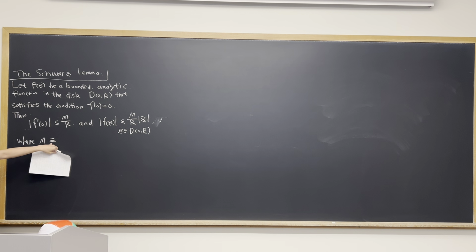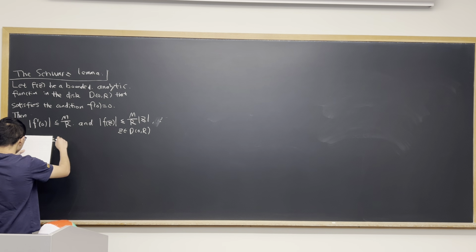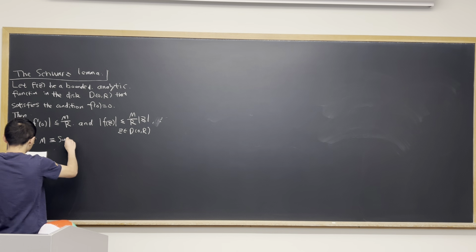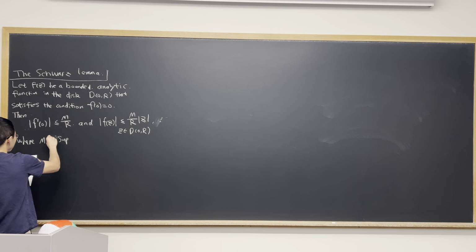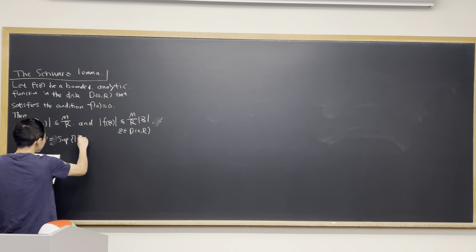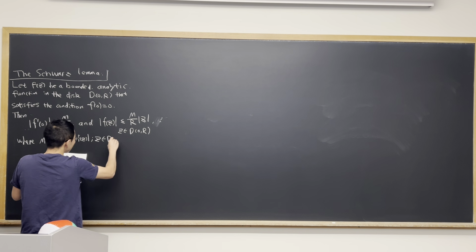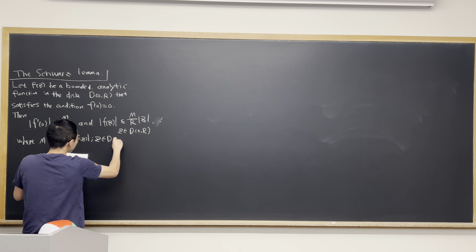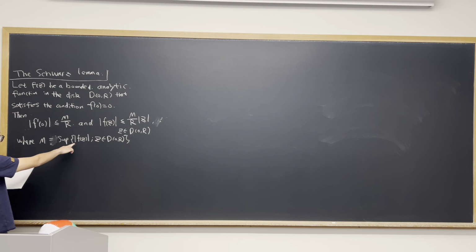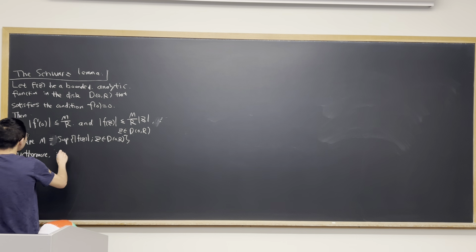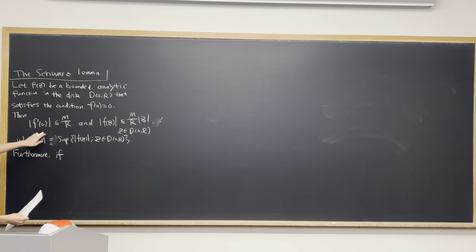the supremum of the modulus of f(z) for z in the disk with radius R. Okay, so M is the supremum of the modulus of f(z). Furthermore, this is an upper bound for the derivative at 0.